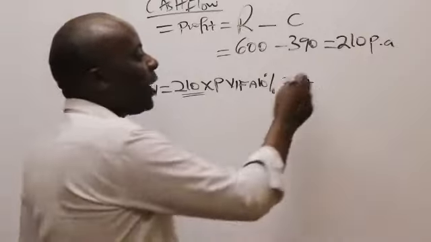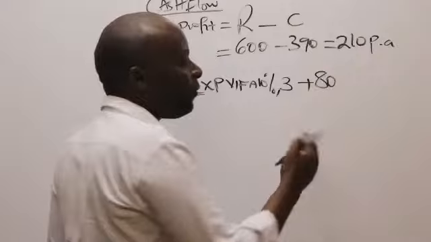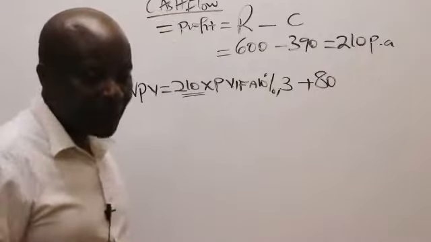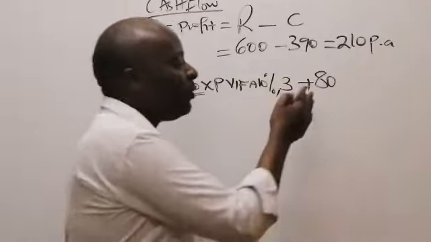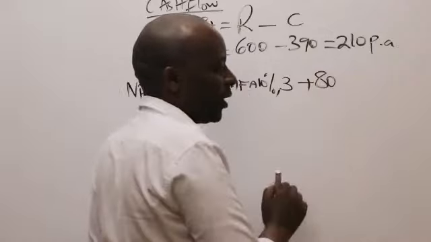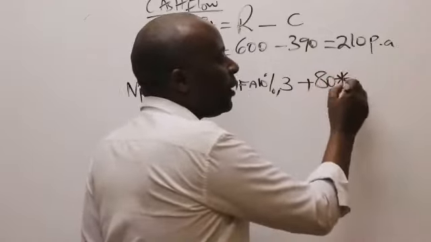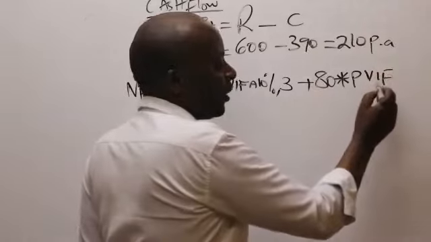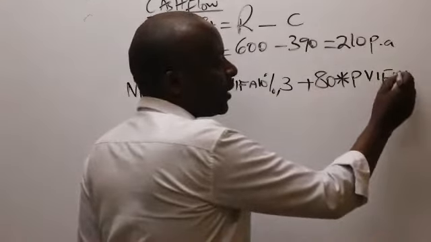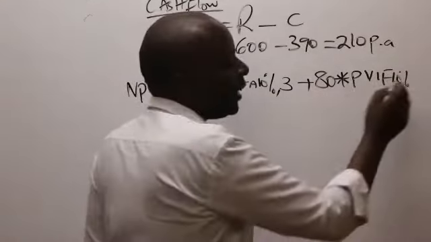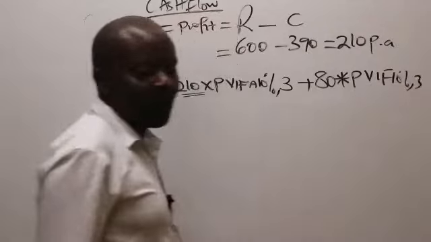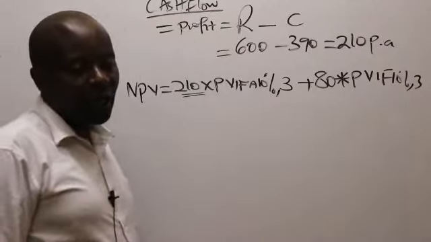And this scrap value is not a repetitive figure. It is a lump sum. So you can't tell me to use PVFA to discount it. This 80 will only be discounted using PVF, still at 10%, and it will be coming to us at the end of the 3rd year.